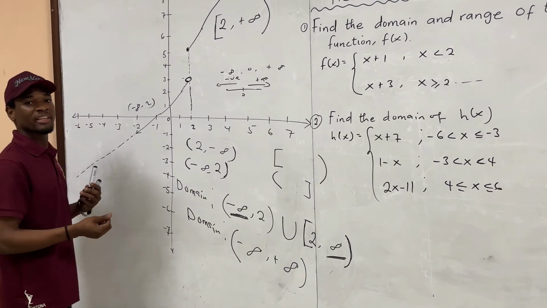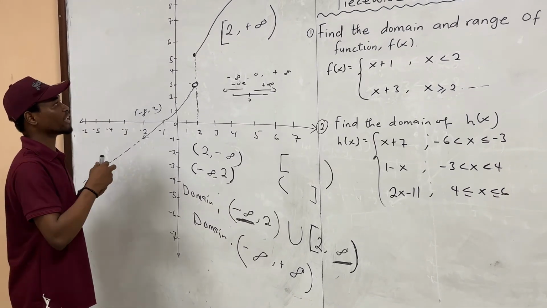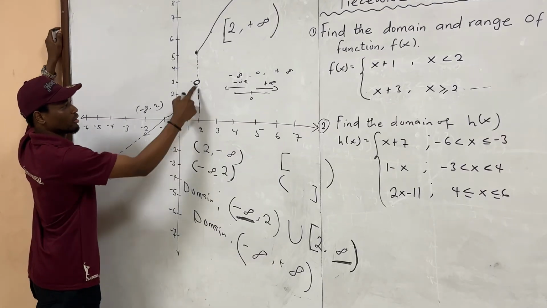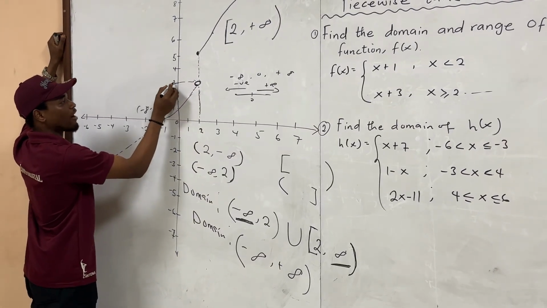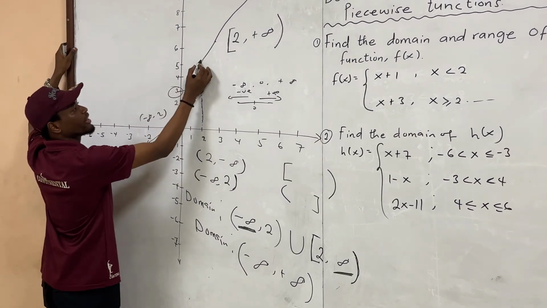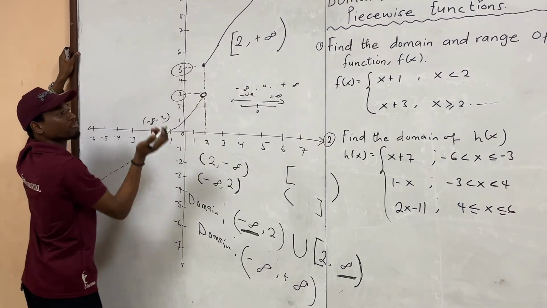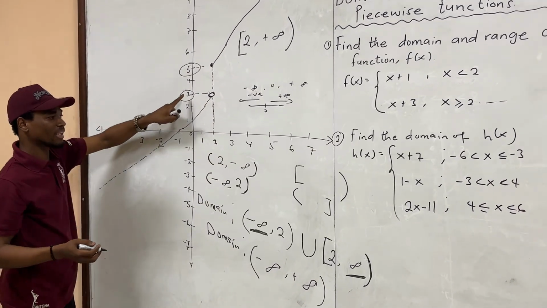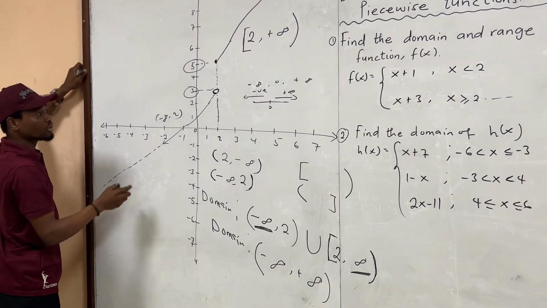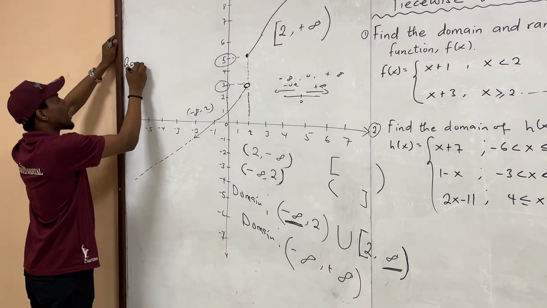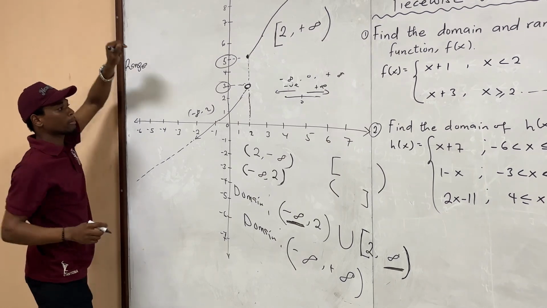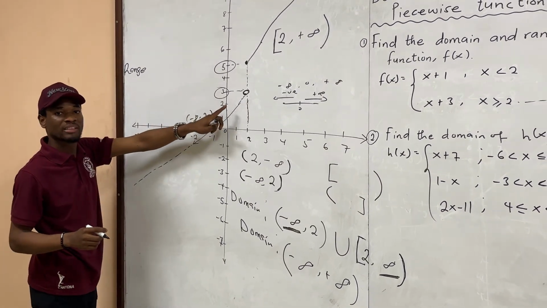What about the range? Range is just the output, right? So from here, this is the output. I have 3. Then from here, the output is 5. As simple as that. So the range now becomes, what do we have here? Viewers, look.